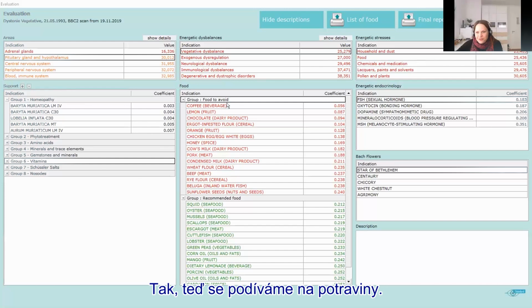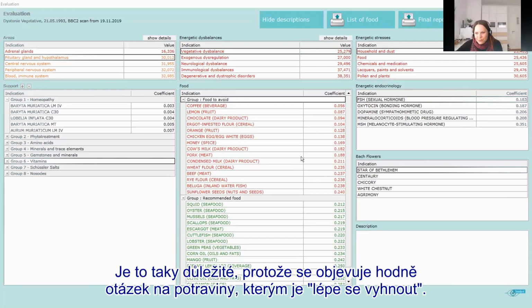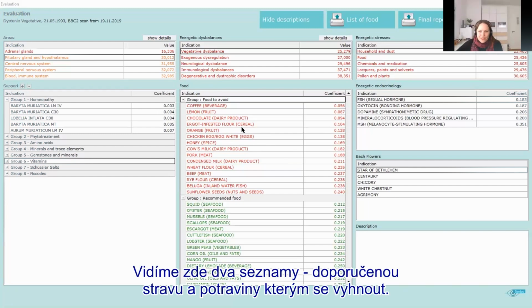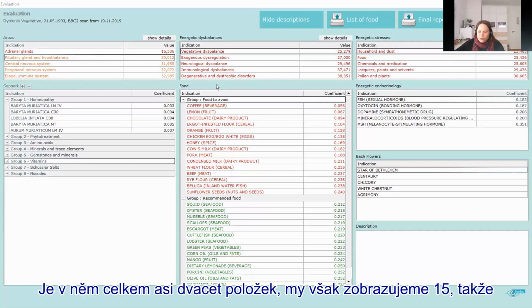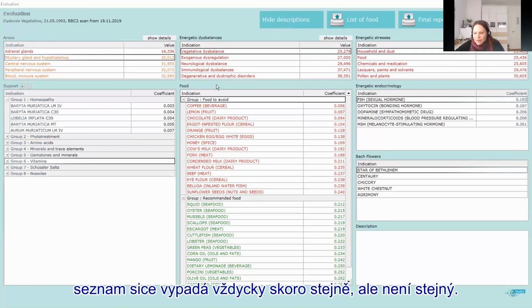Then we switch to the foods. This is really important because many questions come to the avoid group. We have two food lists, the recommended foods and the avoid foods. It's important to know that the avoid food list is really small. We have about 20 inside and we always show 50. So of course, the list looks always the same, but it isn't the same.